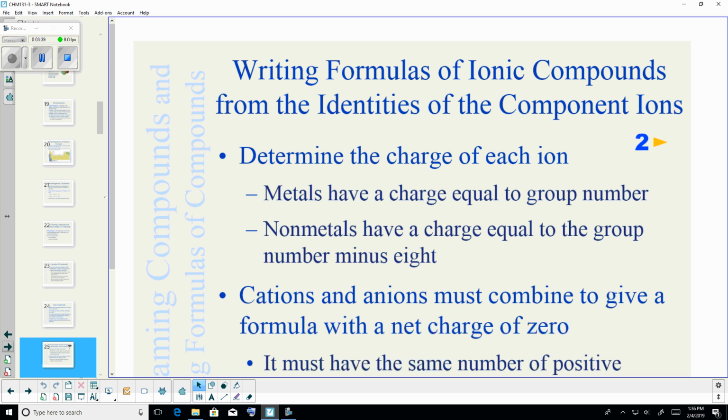So if we start over on the left, column 1A has a charge of +1, 2A +2, 3A +3, 4A we don't look at. 5A is -3, 6A is -2, 7A is -1, then column 8 is happy. So when you put the cations and anions together, overall it has to sum up to 0 because compounds are neutral.